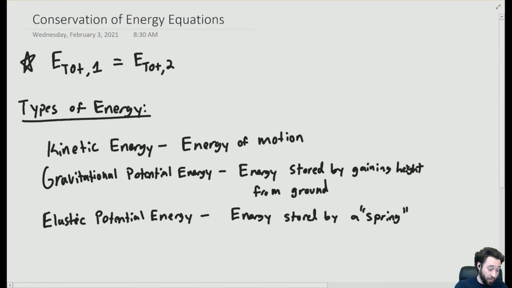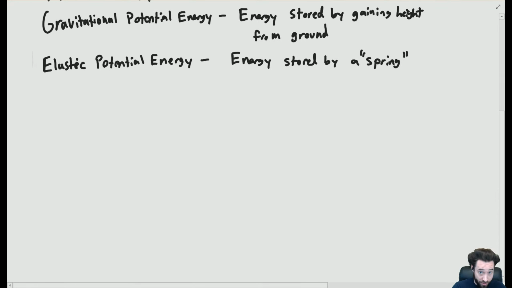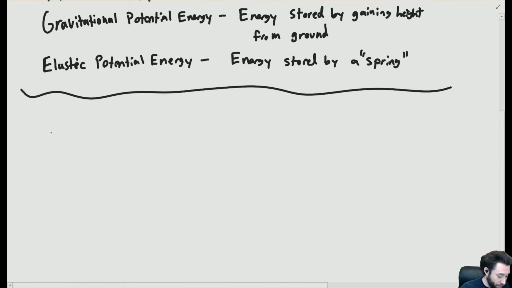And that's going to be at my initial state and my final state. So what does that look like? So my total amount of energy for a particular state is going to be equal to my kinetic energy.